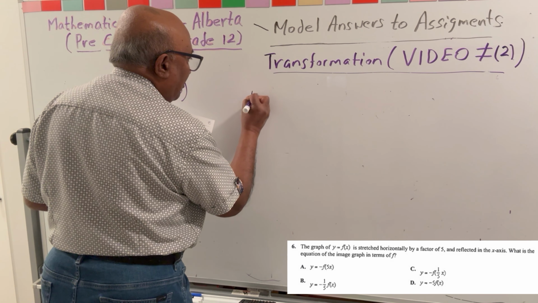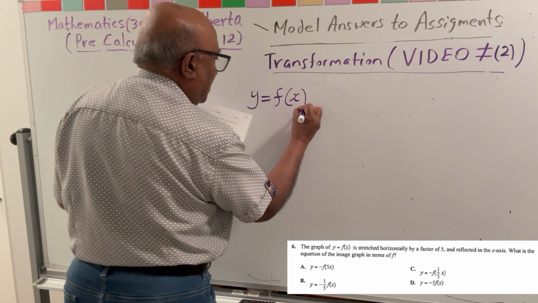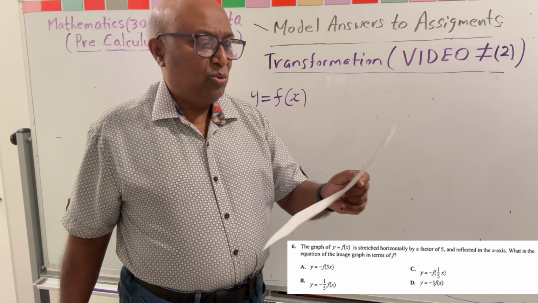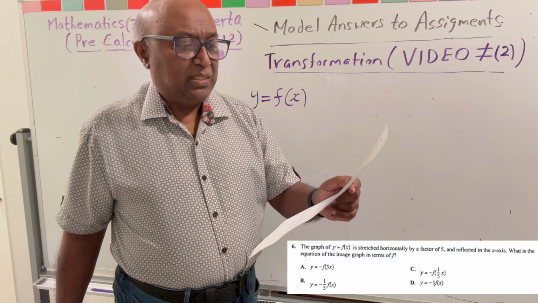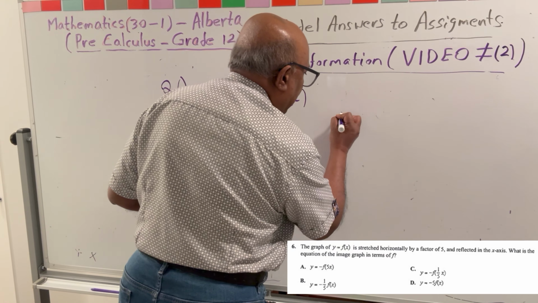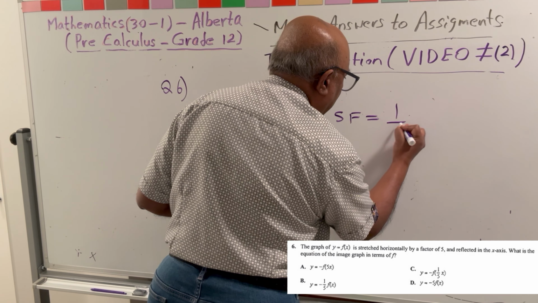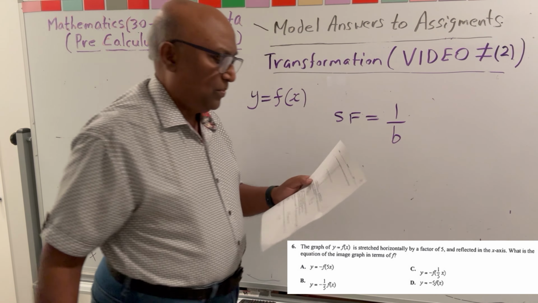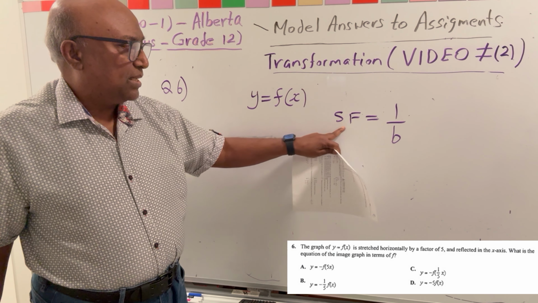This is the original graph, y is equal to f of x. They have mentioned two kinds of transformation. Stretch horizontally by factor b. What is the stretch factor for the horizontal stretch? The horizontal stretch factor is 1 upon b. In our notation, SF stands for stretch factor.